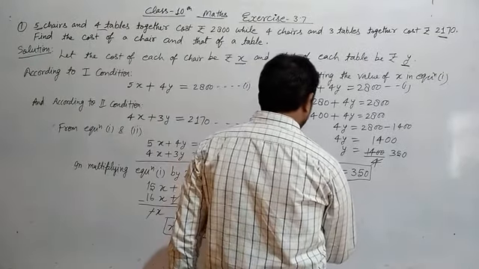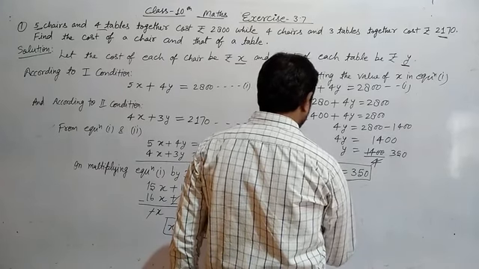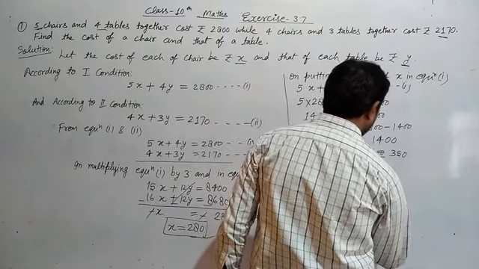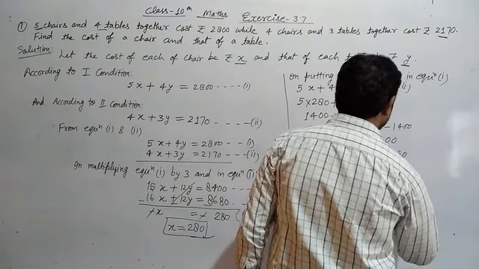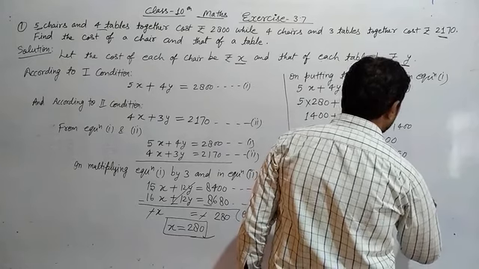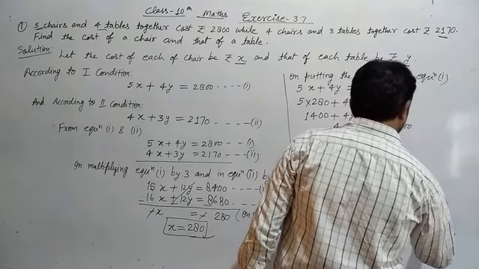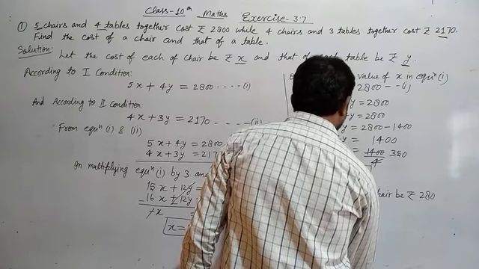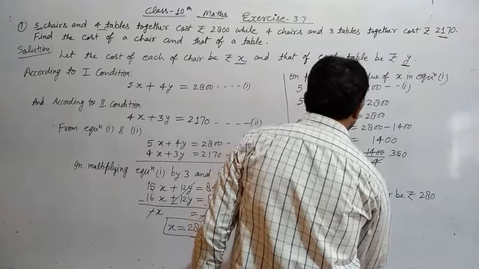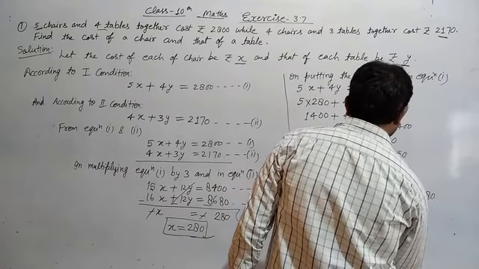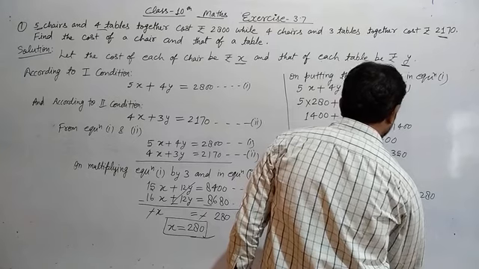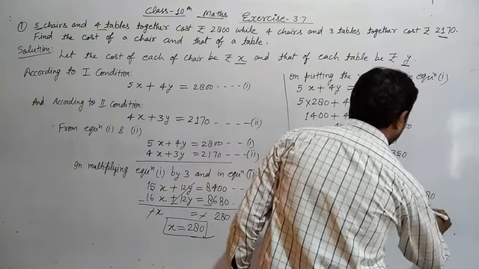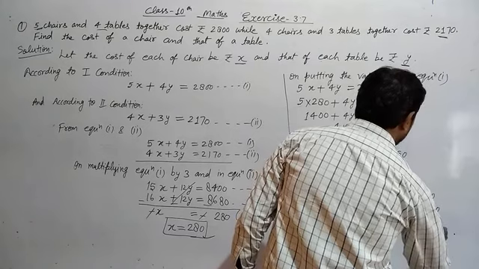So you can write, the cost of each chair will be rupees 280, and that of each table will be rupees y, means 350. It's right. This is our answer.